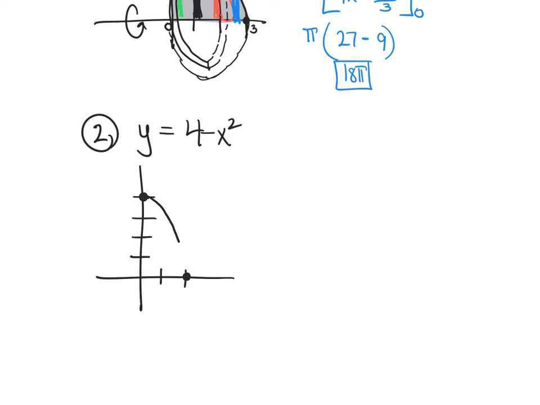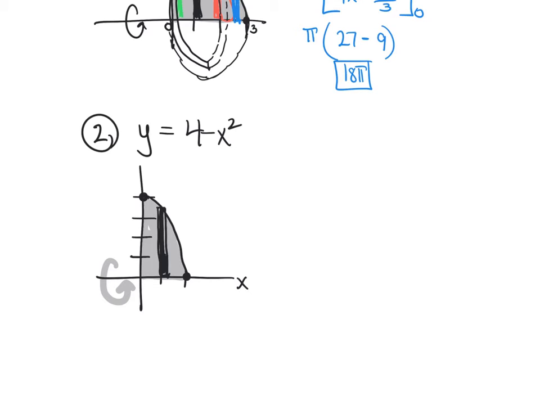So this is the shape that we're looking at. And we are going to rotate this around our x-axis. So if you're asking yourself, where should you draw your rectangle? You draw your rectangle to get your disc perpendicular to your x-axis. Okay?